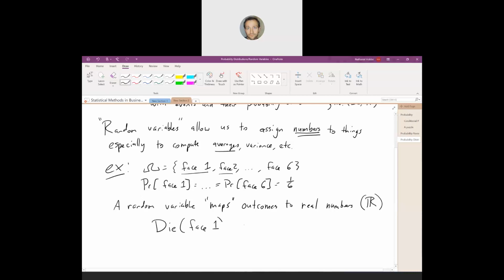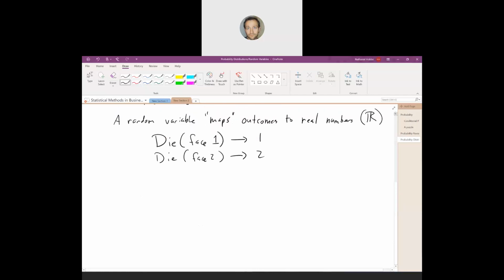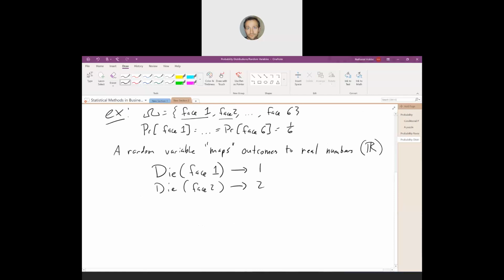Face 1 gets mapped to 1. Die face 2 gets mapped to 2. And on like that, die face 6 goes to 6.